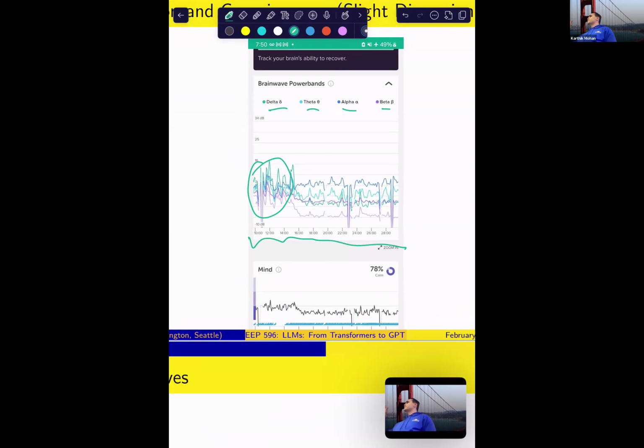The person's still. But from the inside, the alpha starts to dominate, right? So this tells you that at this point, the person is focused yet relaxed. Then theta also dominates, but the beta starts to go down. The signal of overthinking starts to go down.